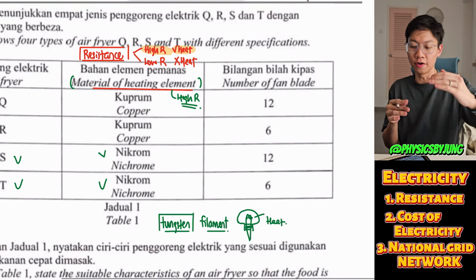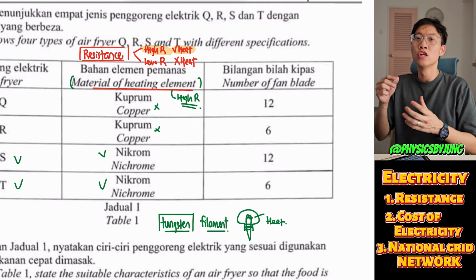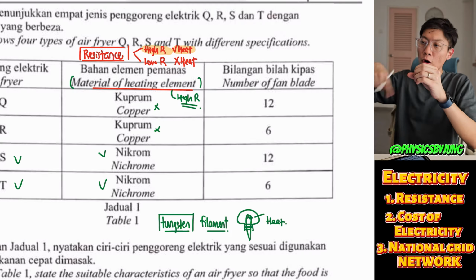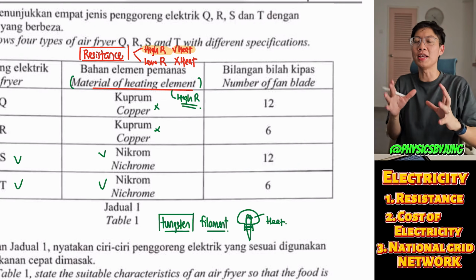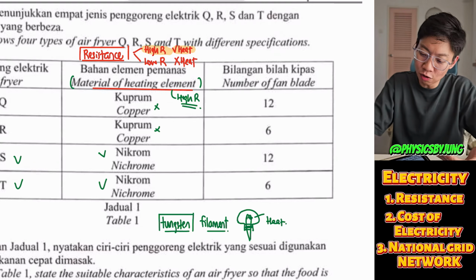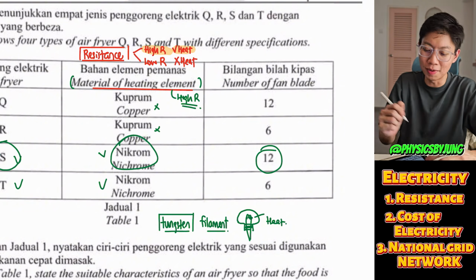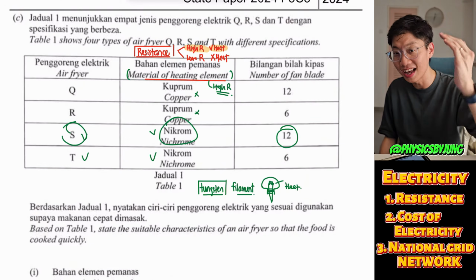So now I've already eliminated copper. So now the number of fan blades. A fan, if you have more blades, you will actually be able to produce more wind, more air movement. So in this case, I will want more fan blades. I want nichrome. So my answer is confirm going to be S.